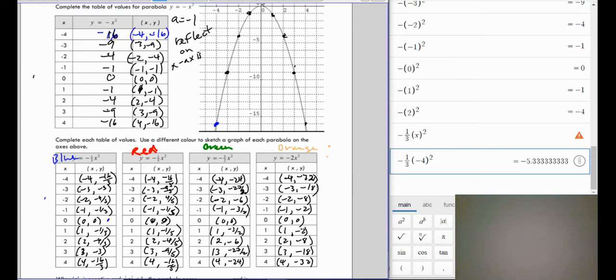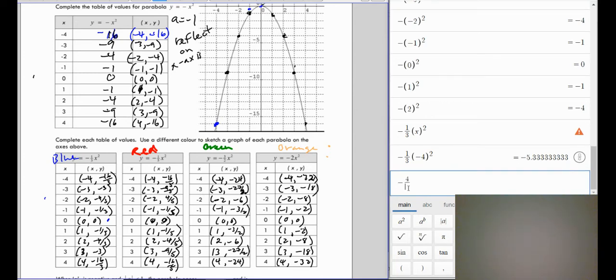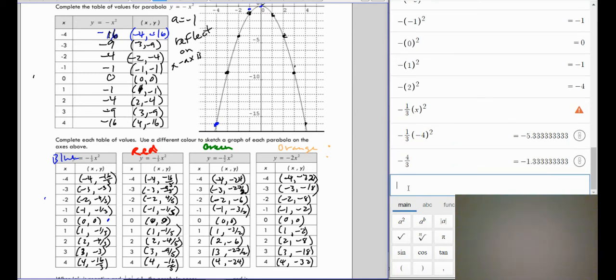We're going over 1, down 1/3. What's 1/3? Right there. Then what's -4 over 3? Down and over 1.33.